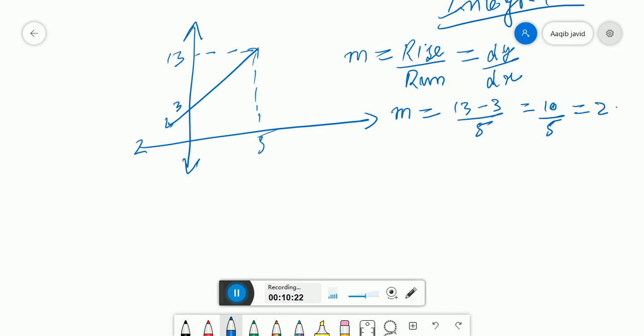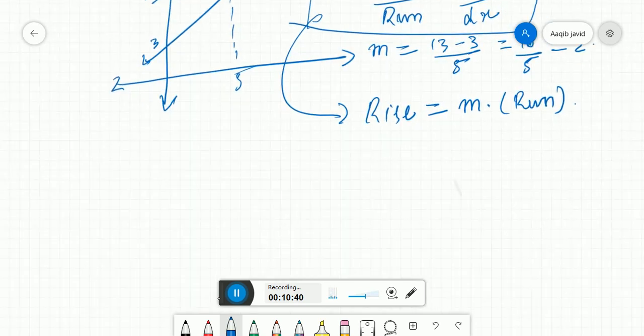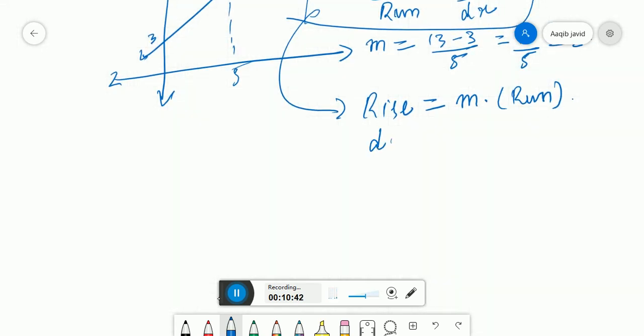But we can rewrite this again like rise is equal to m, the gradient, times run. Let's just write it as dy equals m, the gradient, times dx.